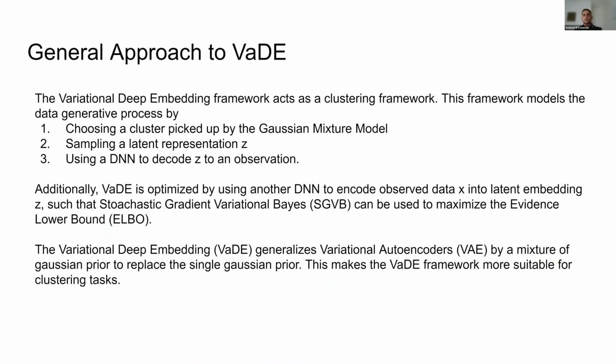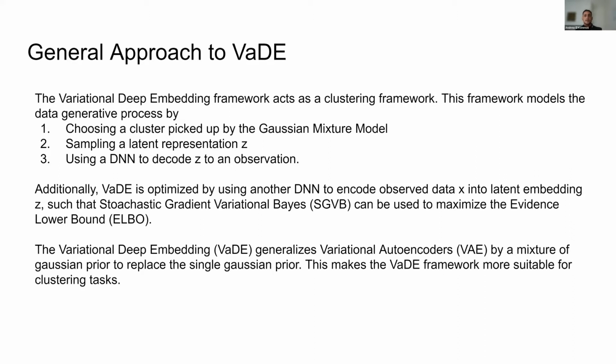So the general approach is that variational deep embedding acts as a clustering framework. This framework models the data generative process by choosing a cluster from the Gaussian mixture model, then sampling a latent representation Z, and then using a deep neural network, or in our case, a variational autoencoder, to decode to an observation.